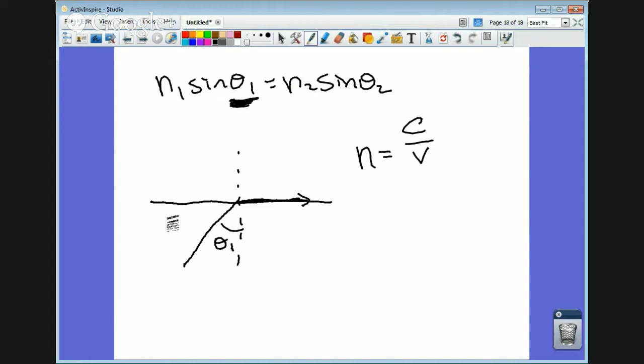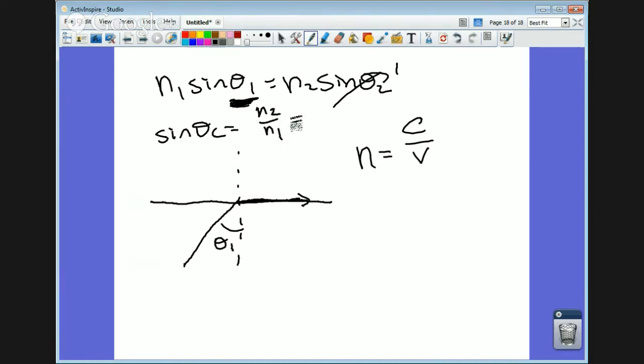So this is sine theta critical. This is going to be 90 degrees, so the sine of that is 1. So what we end up with is n2 over n1. Right?